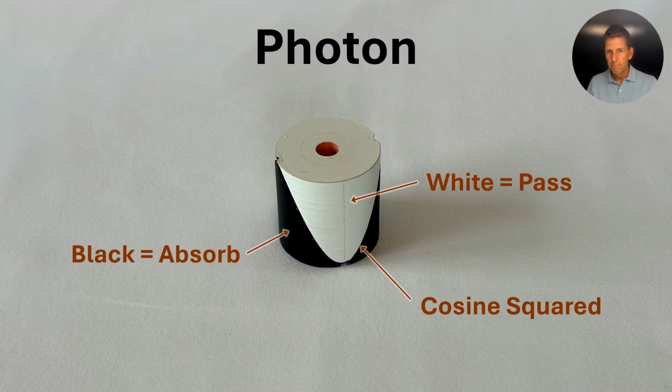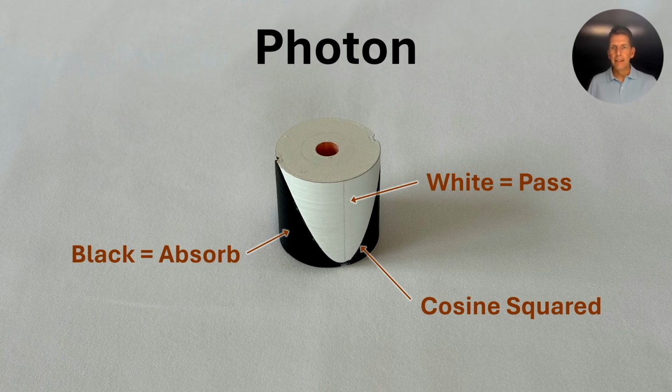This is a photon, classically speaking. What we're going to see later is that when we measure at some angle, there's going to be a pointer, and the pointer is going to stop at white if it means the photon passed through a filter. It's going to stop at black if it is absorbed by the filter. The other feature you can see here is this curve that separates the white and the black.